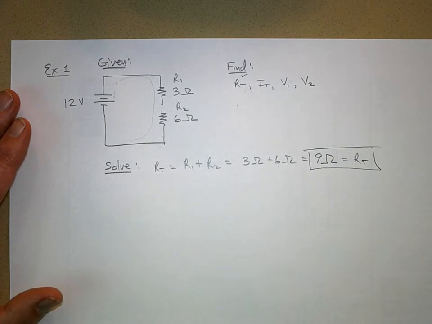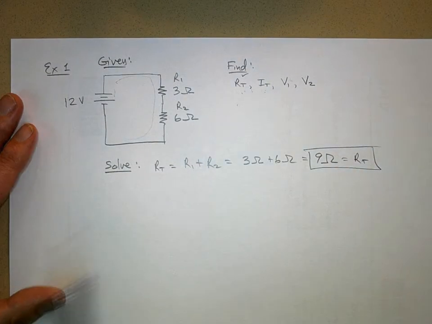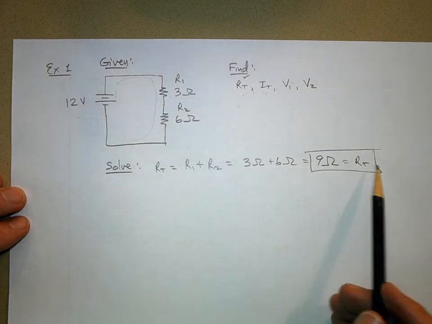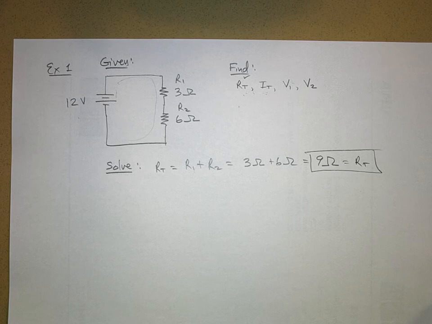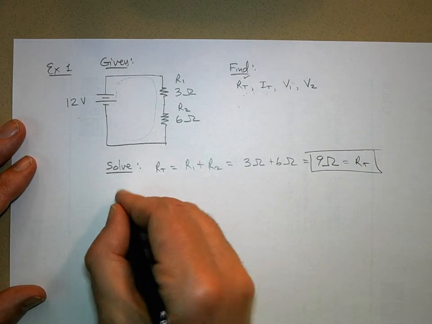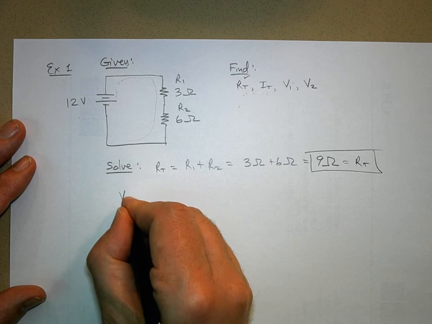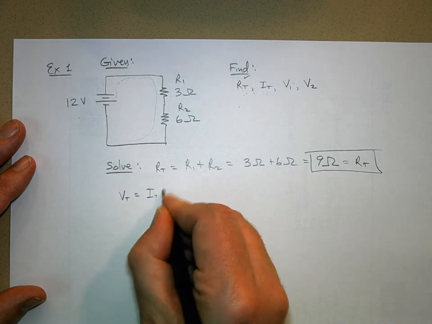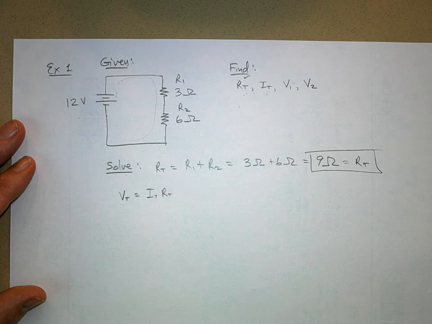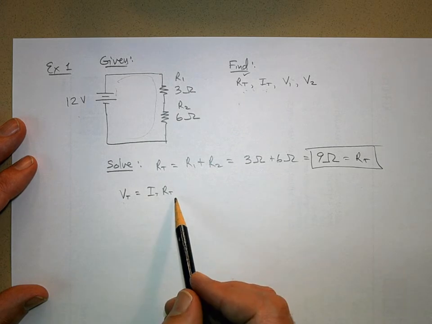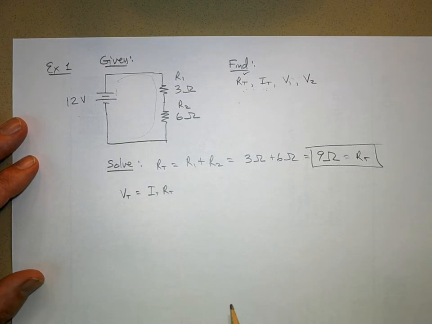Now what's the total current? Well, I know what the voltage is. I know what the total resistance is. I can figure out what the total current is. We'll start with Ohm's Law. The total voltage equals the total current times the total resistance. V equals IR, Ohm's Law. And remember, you can apply this to the total circuit, and you can apply it to each individual resistor, which we're going to do in a second.